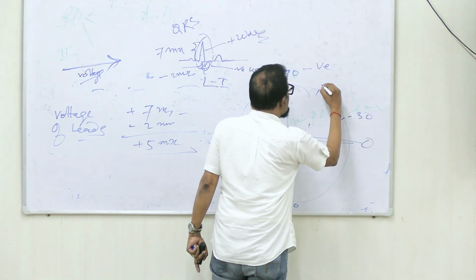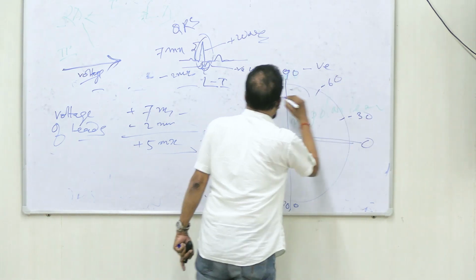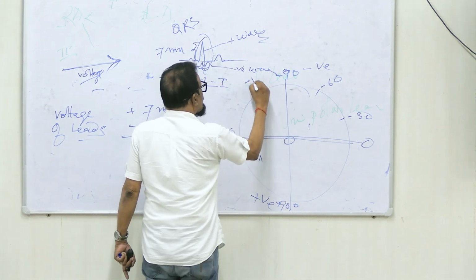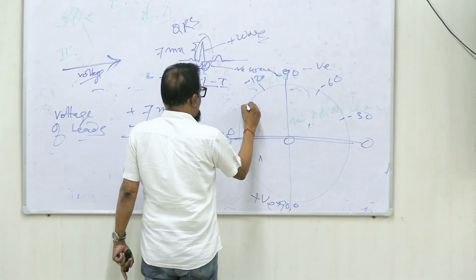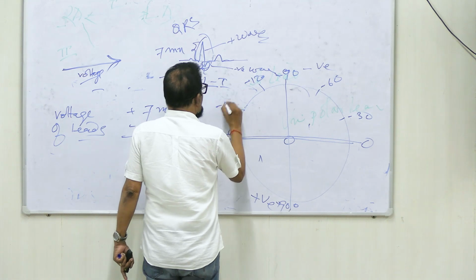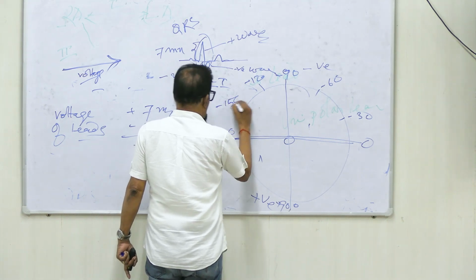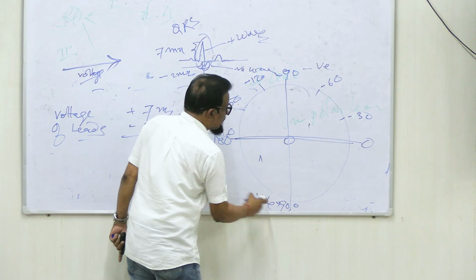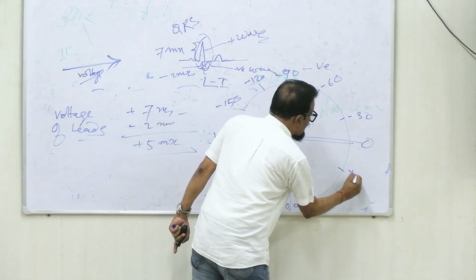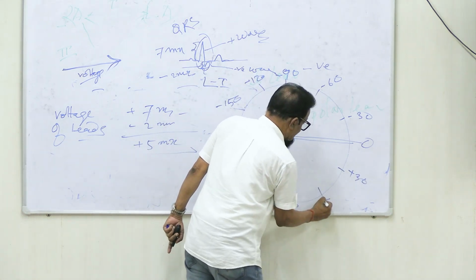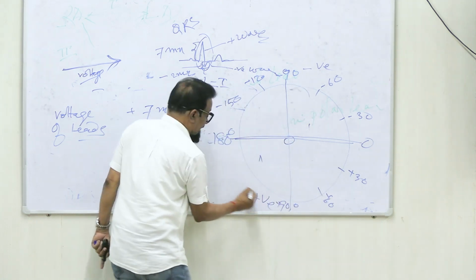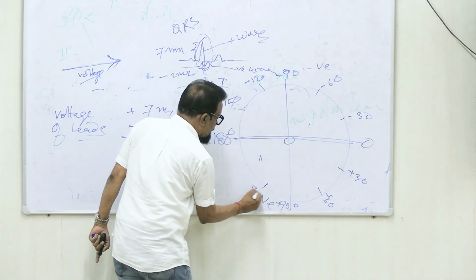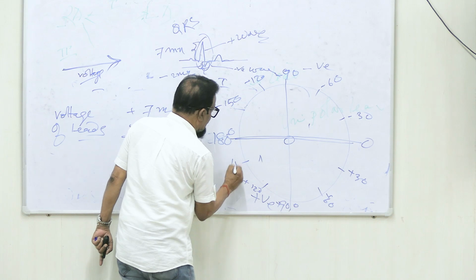Minus 30, minus 60, minus 120, minus 150, and here similarly plus 30, plus 60, plus 90, plus 120, plus 150.